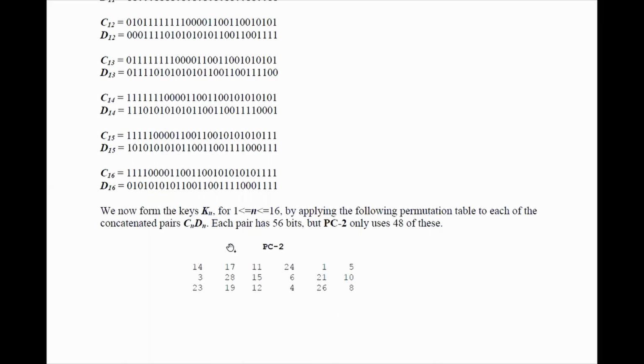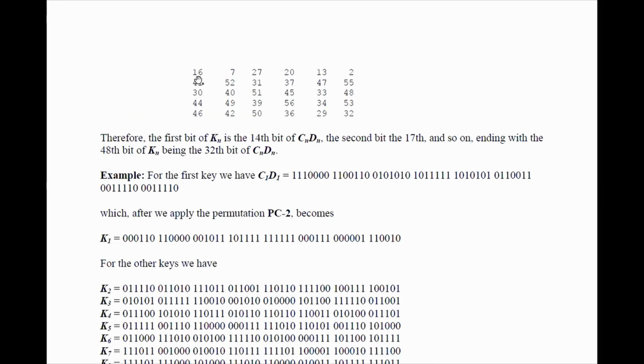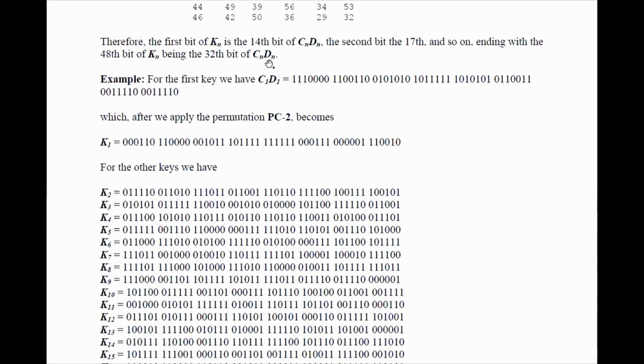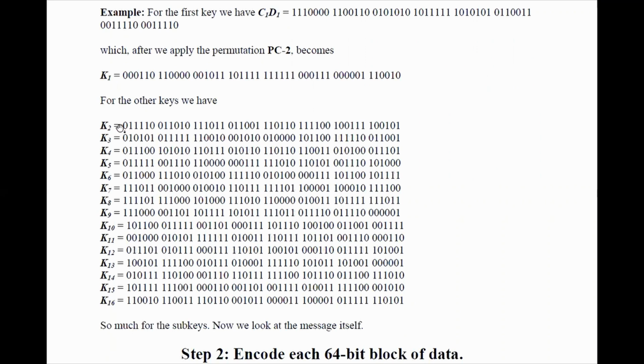PC1 is similar, but it reduces the 64-bit key to a 56-bit key. When you apply PC2, 56 is reduced to 48. These are all the 48-bit keys for the 16 rounds after applying PC2.